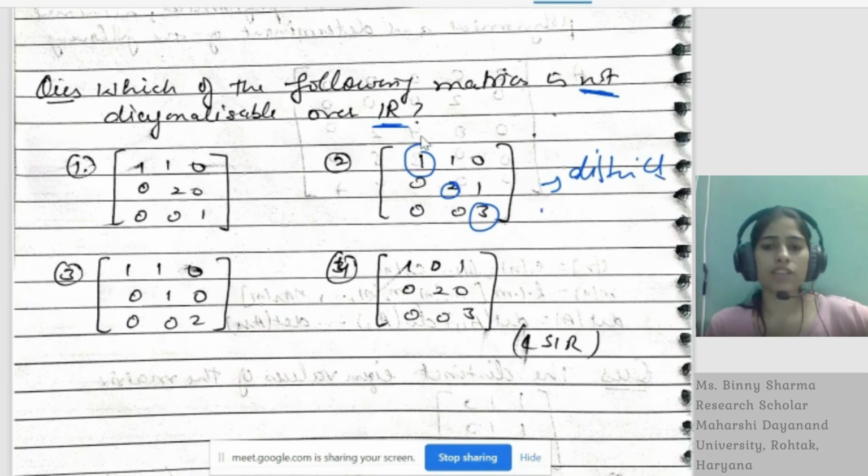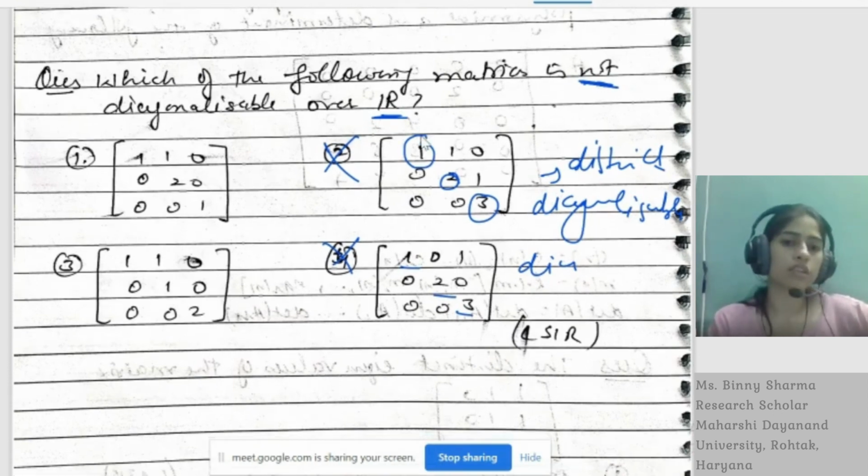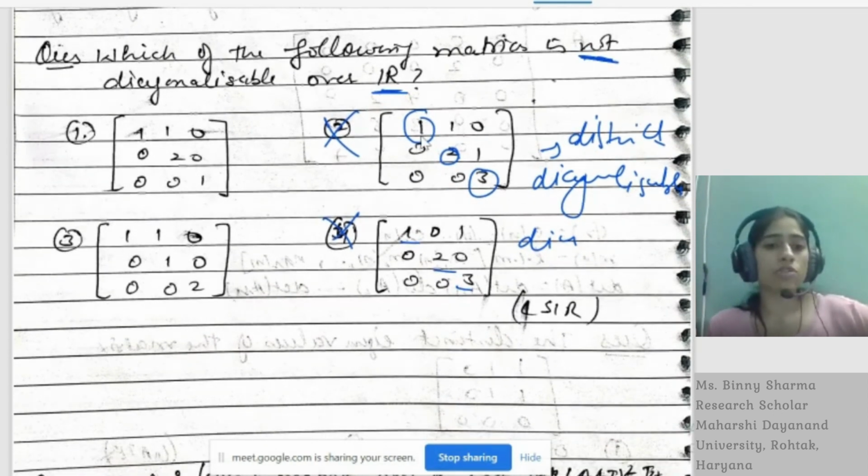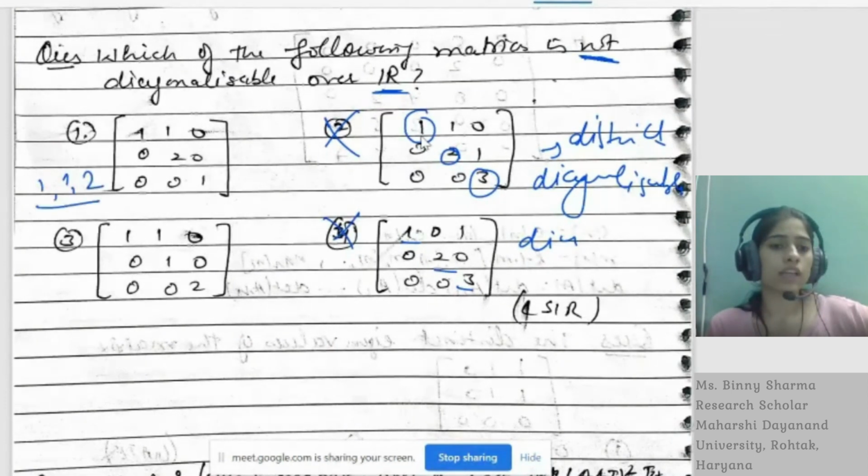It means the matrix is diagonalizable. Similarly, in the fourth option, eigenvalues are 1, 2 and 3. It is also diagonalizable. So the second and fourth options are not correct. Now the eigenvalues of the first are 1, 1 and 2.